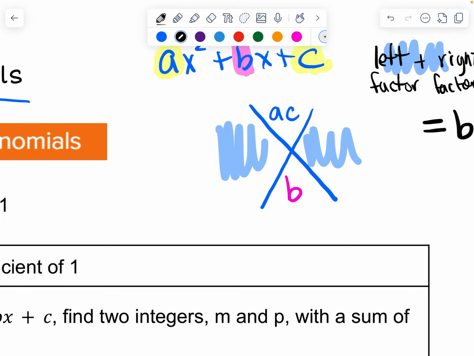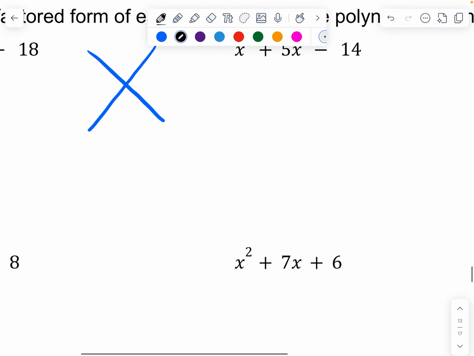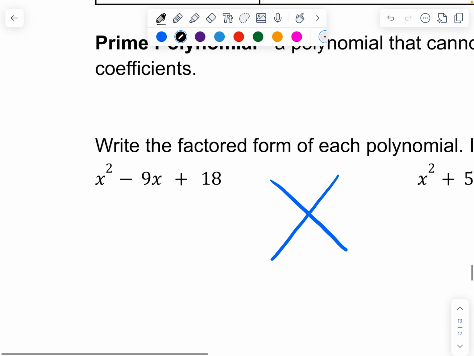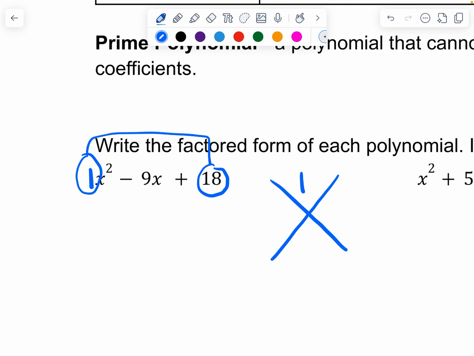So we're going to do that. I'll do this one. I'm going to take the factor right here, 1, and this is 18. So I'm going to multiply these two together and I'm going to get 18.